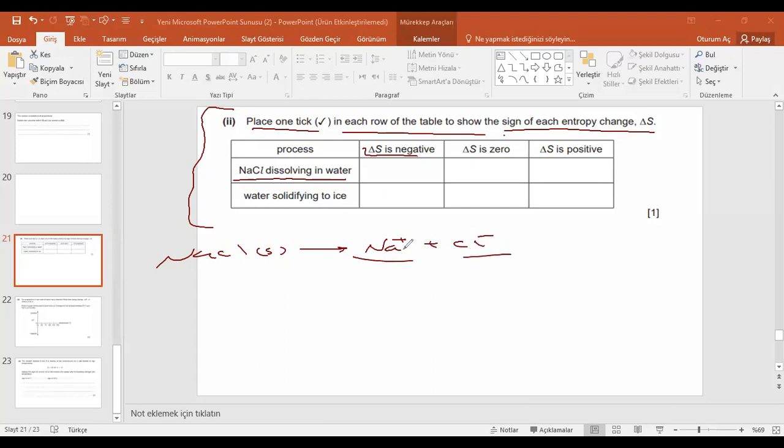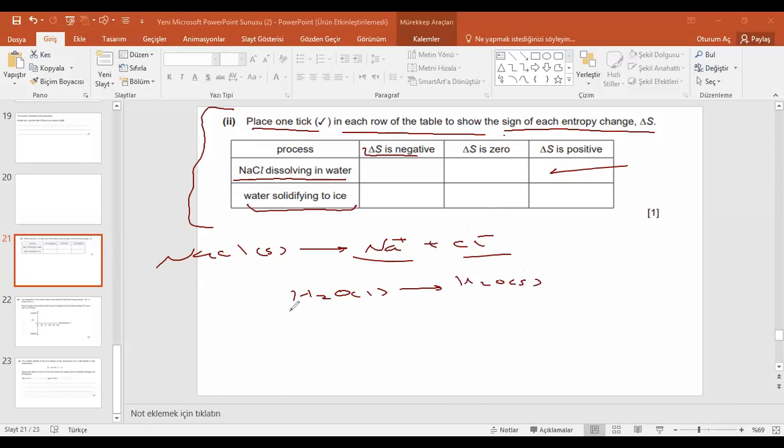So the change in entropy will be positive, because we have more disorder, more randomness, because we have mobile ions.